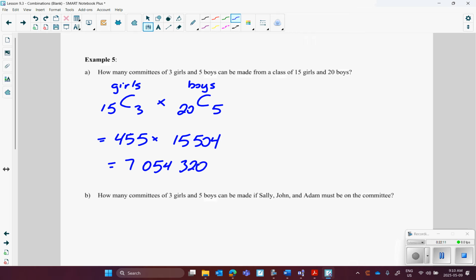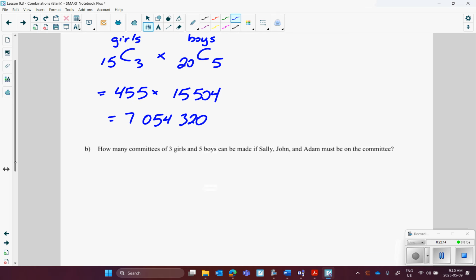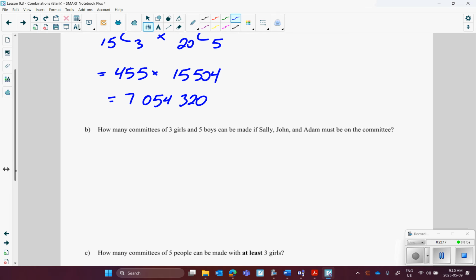Same question, except this time, how many committees of 3 girls and 5 boys can be made if Sally, John, and Adam must be on the committee? Well, what's that? 14 choose 2.